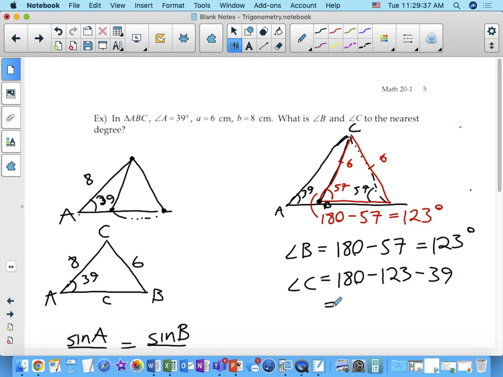Okay, now this will always be the case. In the second triangle, the obtuse angle is always found by going 180 minus the acute angle that you found in the first triangle. Essentially that's because sine is positive in the first and second quadrant.